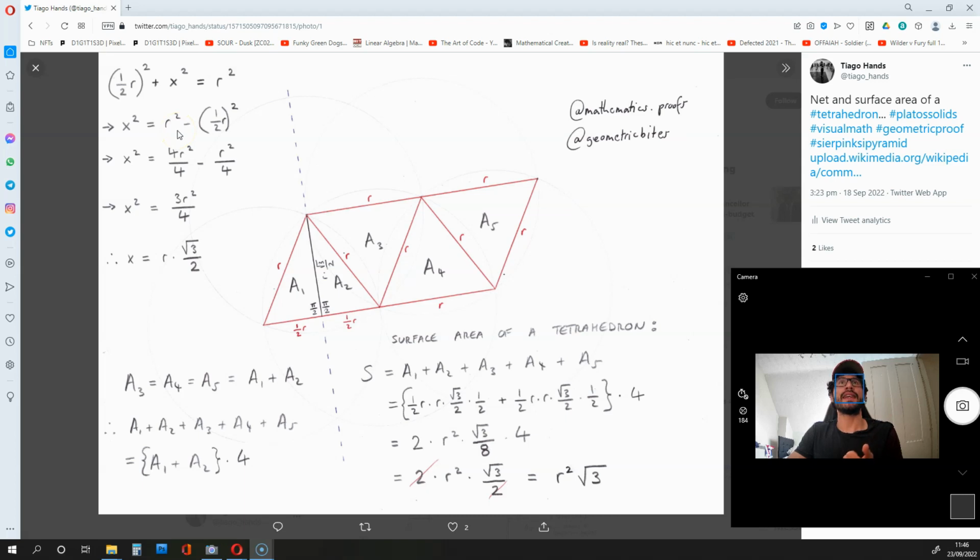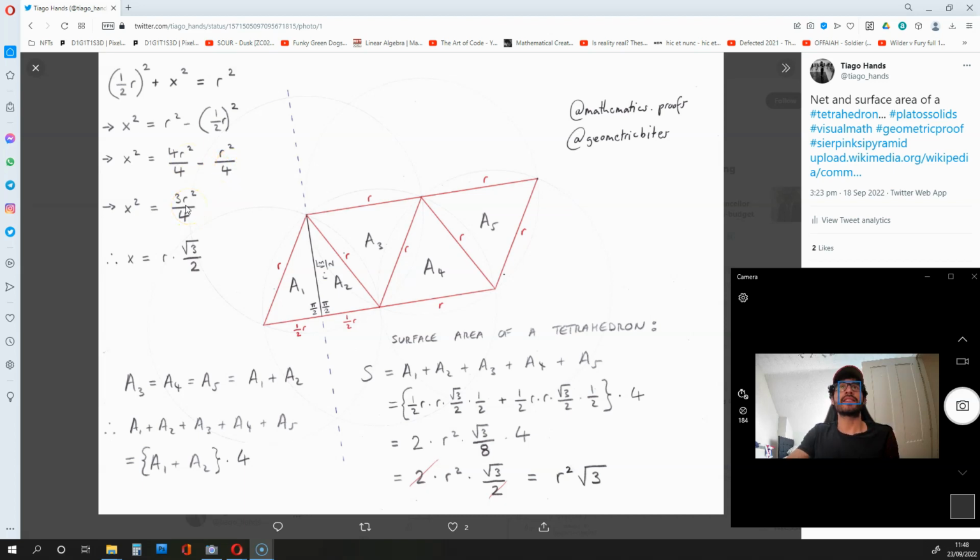Now, what we need to calculate r squared minus half r squared is the same denominator, okay? So let's turn these on the right into fractions. If we do that, we get x squared is 4r squared over 4 minus r squared over 4.